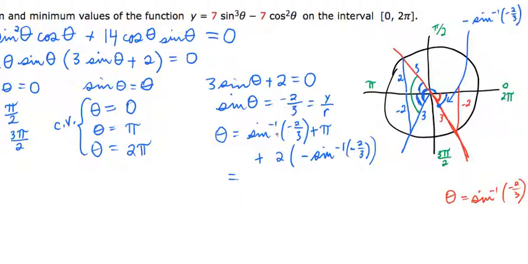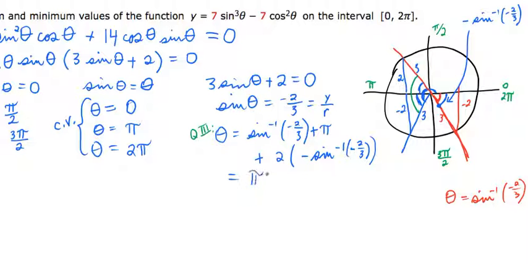And now I can simplify this expression, and I'm going to label this as the one in quadrant 3, right here. Okay, but I can simplify this expression because we have a positive sine inverse of -2/3 plus pi. This is -2 times sine inverse of -2/3. So that sine inverse cancels with one of those.